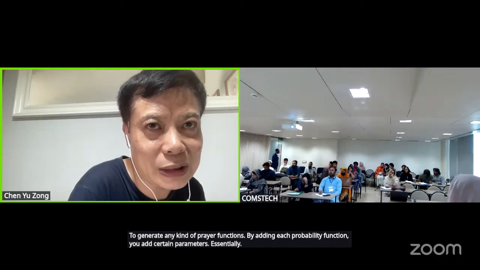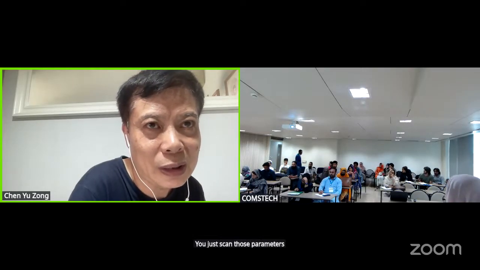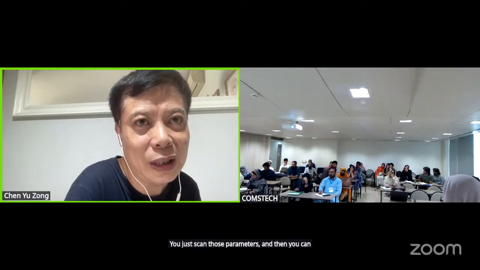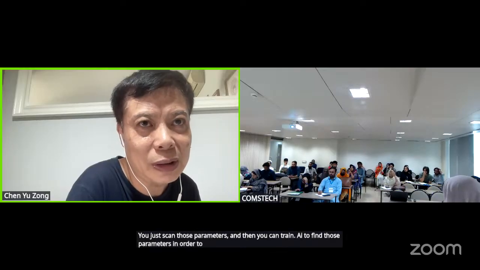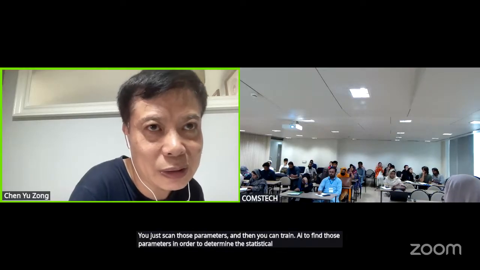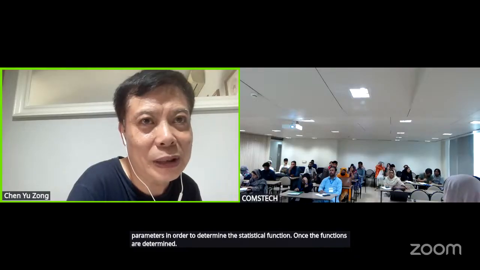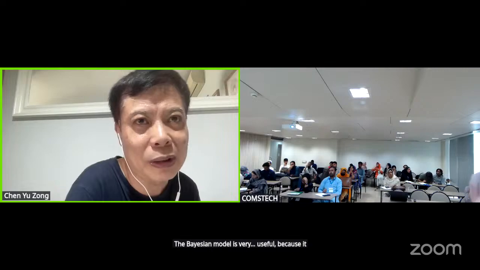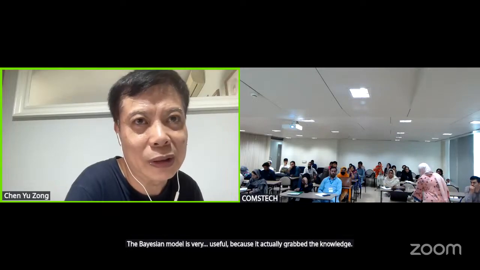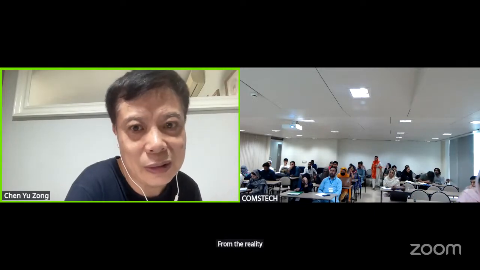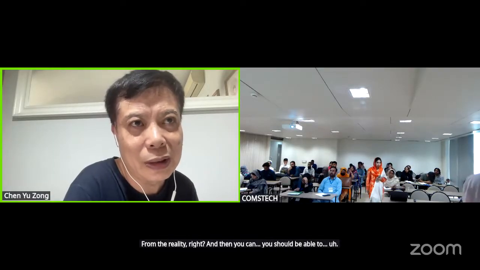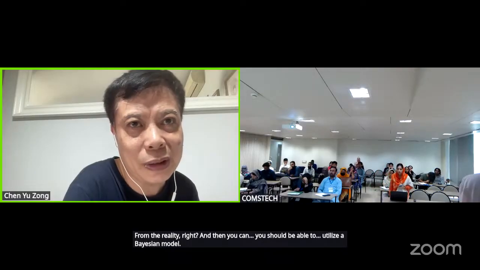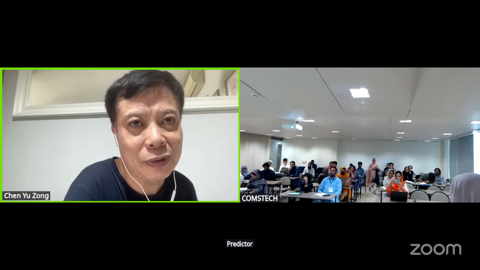Essentially, you just scan those parameters, and then you can train AI to find those parameters in order to determine the statistical function. Once statistical functions are determined, the Bayesian model is very useful because it grabs the knowledge from the reality, right? And then you should be able to utilize a Bayesian model to predict certain things for you.